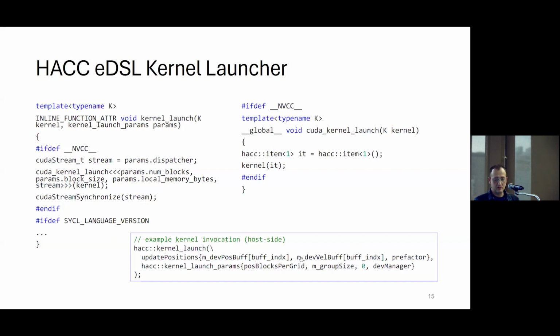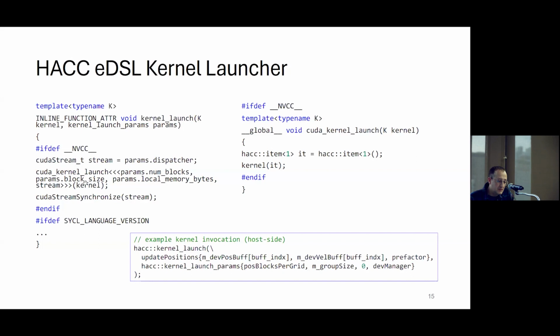This is analogous to the total number of threads that we want to launch, the block size, and if there's shared memory, and a stream or a queue associated with it. And this is pretty much what it looks like.